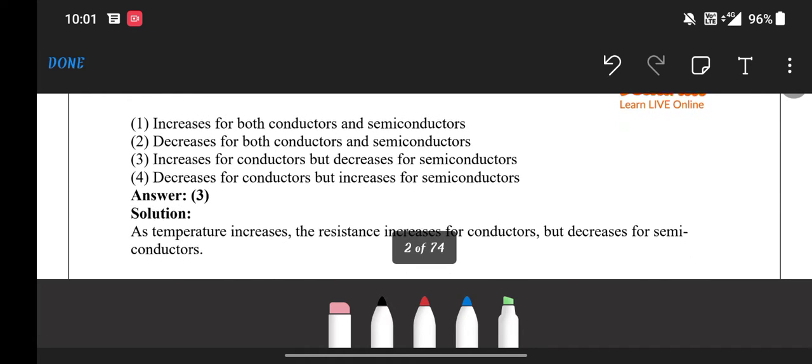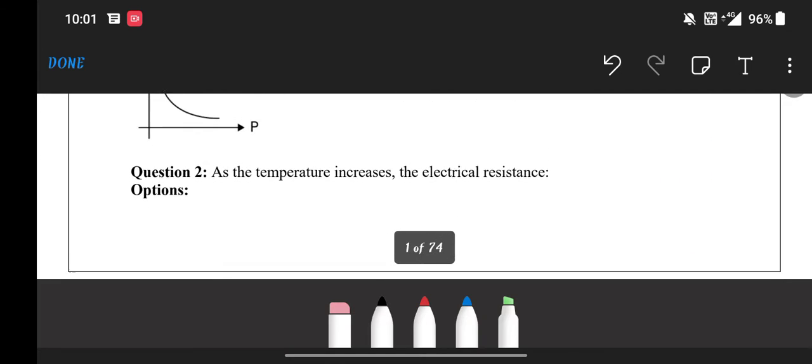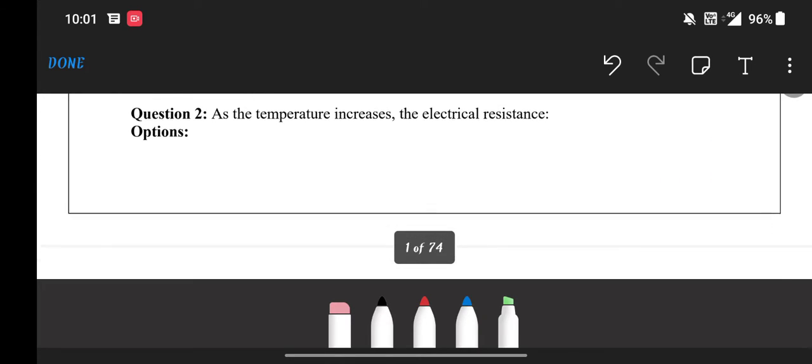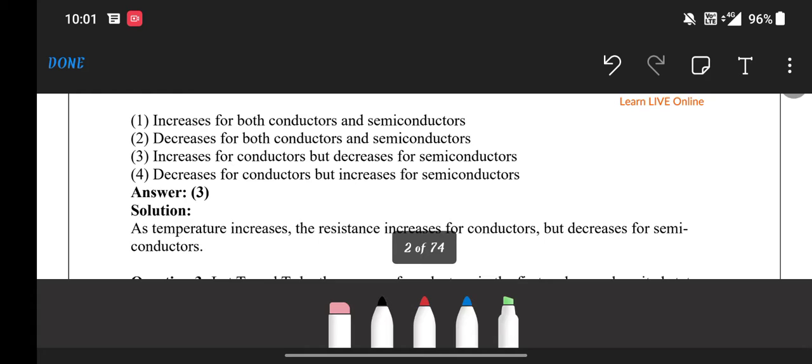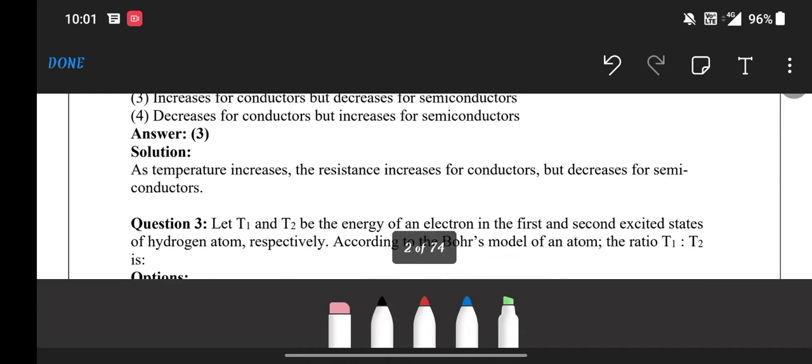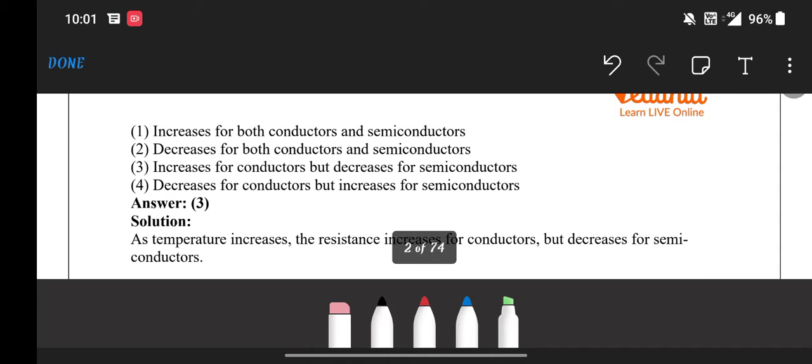As the temperature increases, the electrical resistance will increase for conductors but decrease for semiconductors. Therefore option 3 is the correct answer for question number 2.